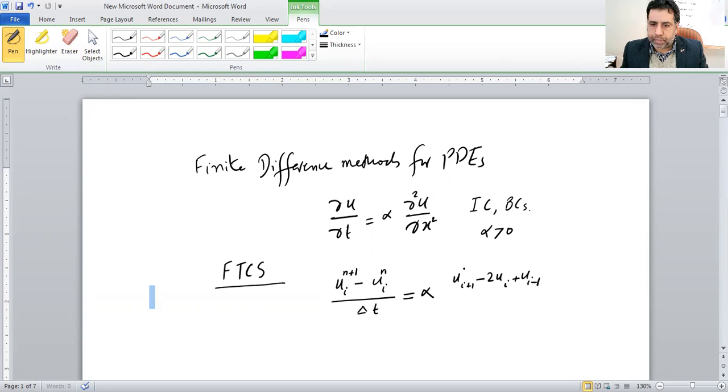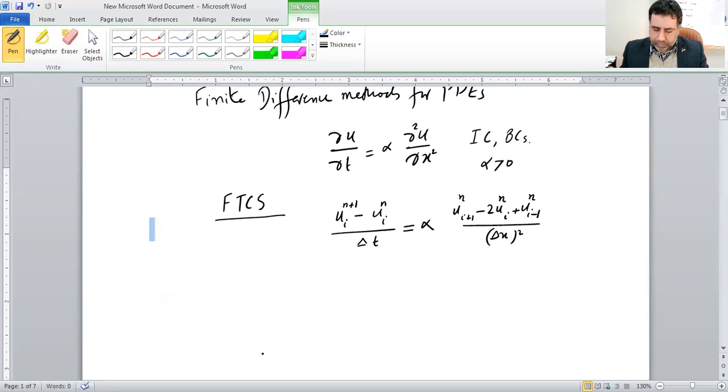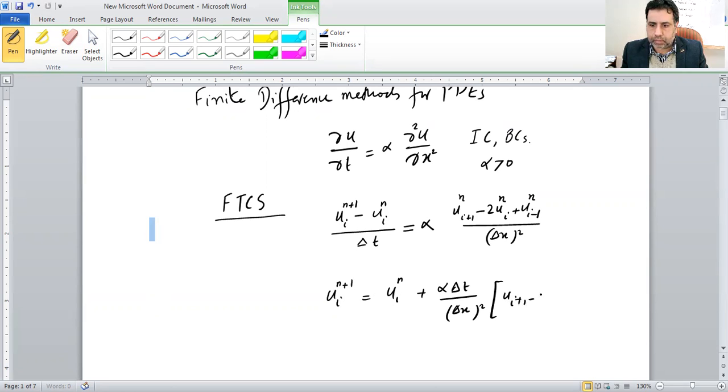So when we move in space, we have to fix the time coordinate. So this was the forward in time, central in space scheme, and after rearranging, we have this expression: u_i at n plus 1 equals u_i at time level n plus alpha delta t by delta x square times u_i plus 1 minus 2 u_i plus u_i minus 1 at the time level n.